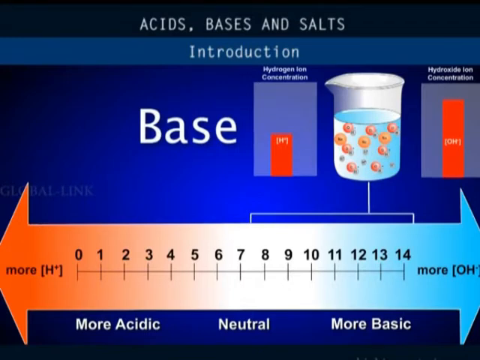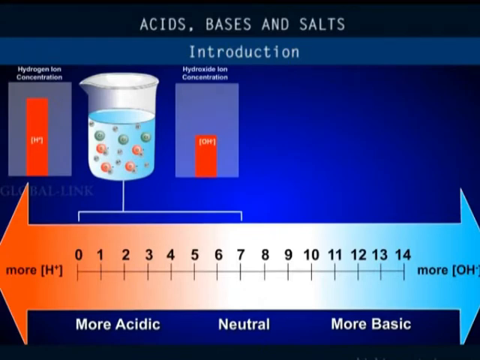The more the hydroxide ions released, the more basic the substance. When a substance has a pH less than 7, it is classified as an acid and releases a greater concentration of hydrogen ions. The more the number of hydrogen ions released, the higher the acidity and the lower the pH.